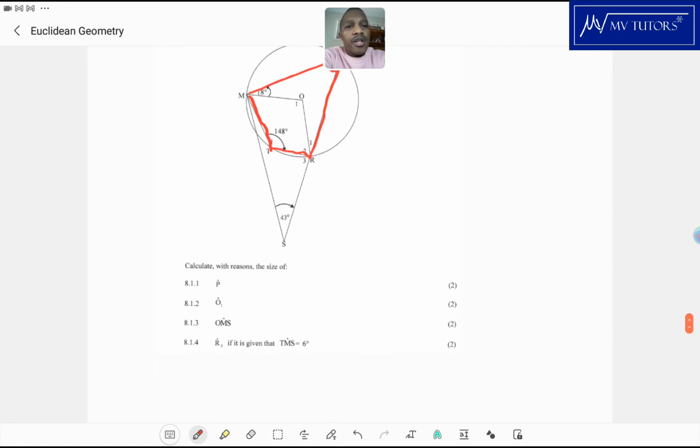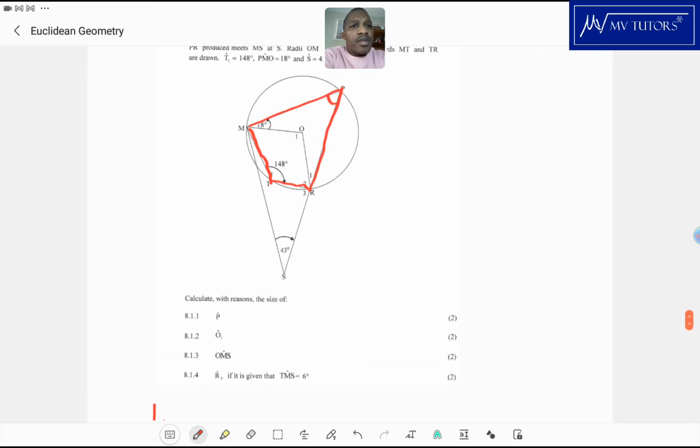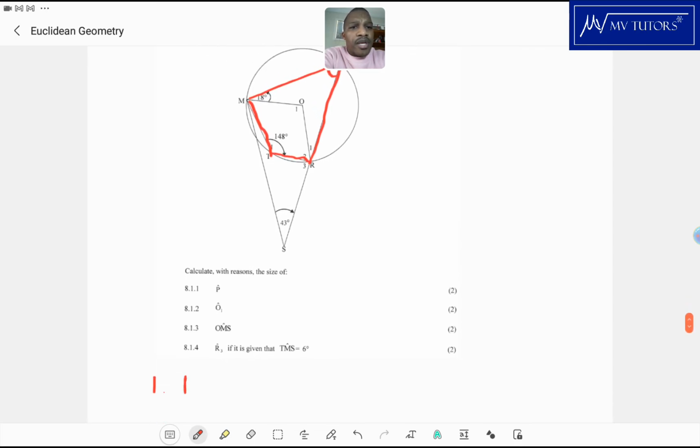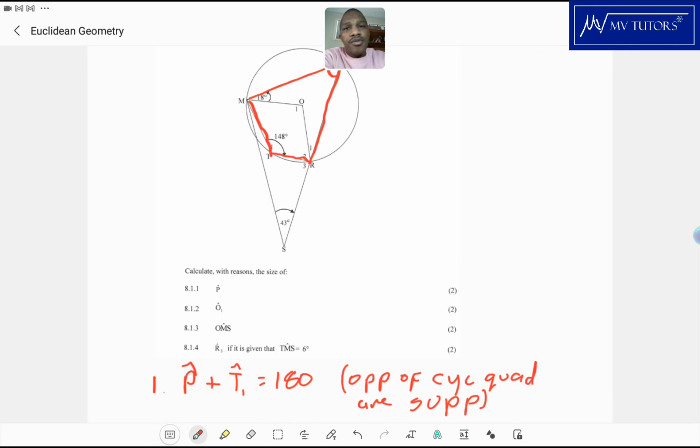So then we can go on and say angle P plus T1 equals 180. And the reason is because opposite angles of a cyclic quad are supplementary. Okay, so that's how you reason it.